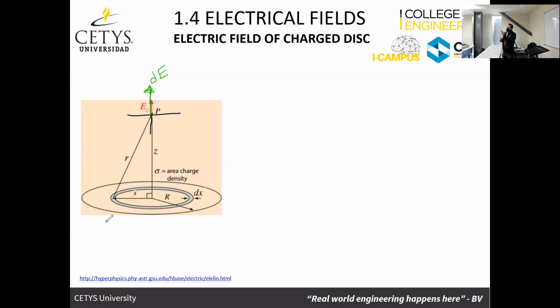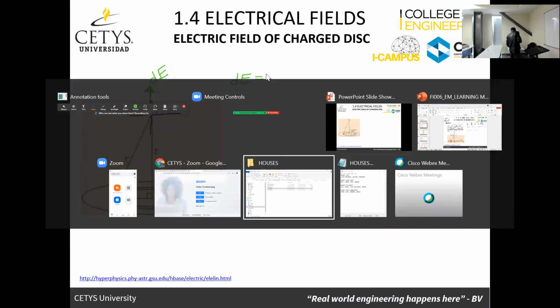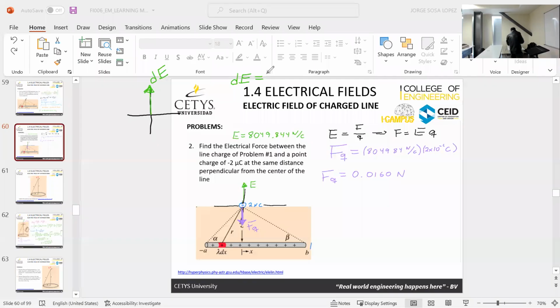That electrical field, we know it's going to be going upwards. The electrical field of a ring is given by certain parameters, and we already have that expression. Let me go back a few slides. We copy paste that from the previous slide, just so we have it here as a reference. Give me a moment.